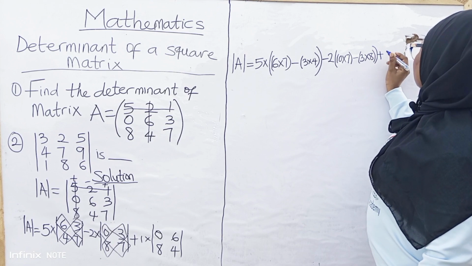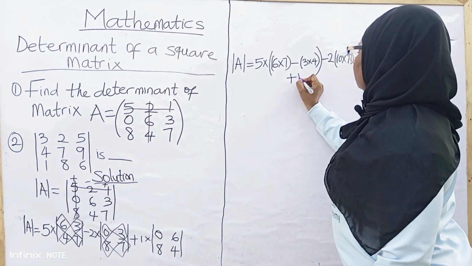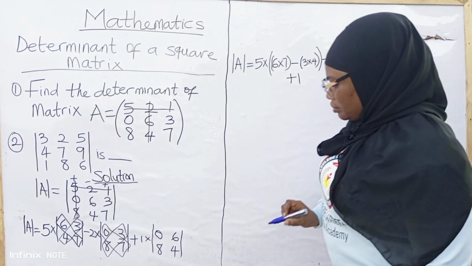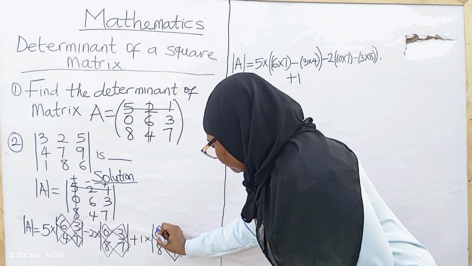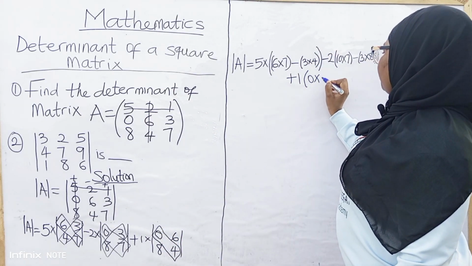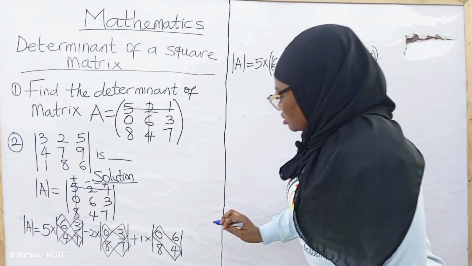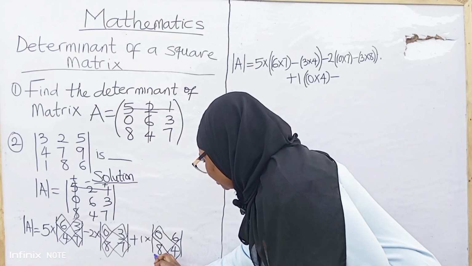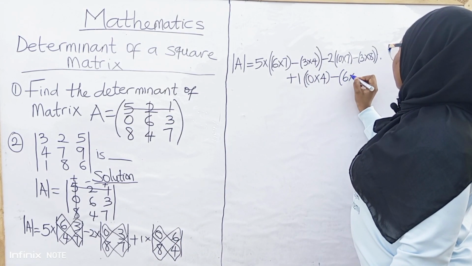Then plus 1. Here the leading diagonal elements are 0 and 4, so multiply them: 0 multiplied by 4, then minus 6 multiplied by 8.